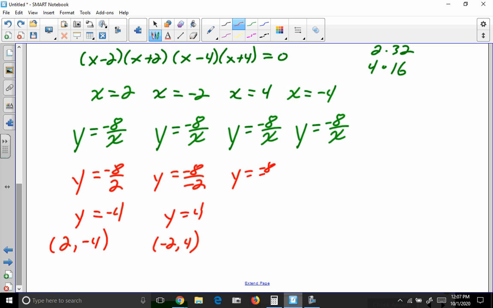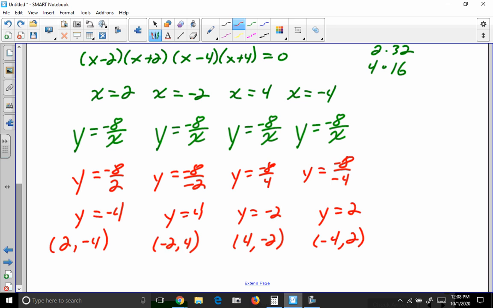The next one, replace x with 4. So that gives us another ordered pair. And then lastly, we get that y is 2. So for each x, we got just one y. So we have a total of 4 ordered pairs that are solutions to our system.